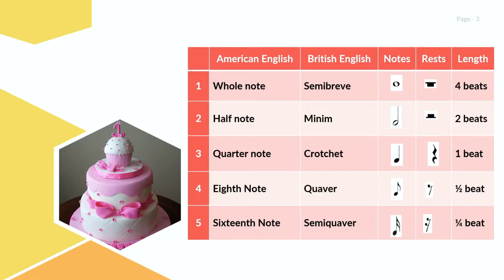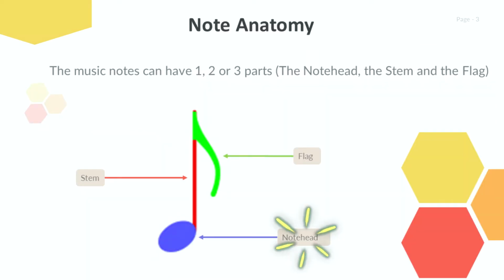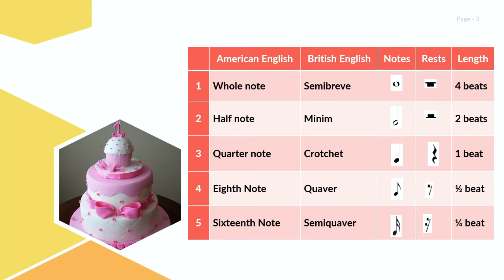A note value indicates the relative duration of a note or rest using the texture or shape of the note head, the presence or absence of a stem, and the presence or absence of a flag. The names of the notes and rests are different in American English than they are in British English, so to avoid any confusion, both are explained in this table.